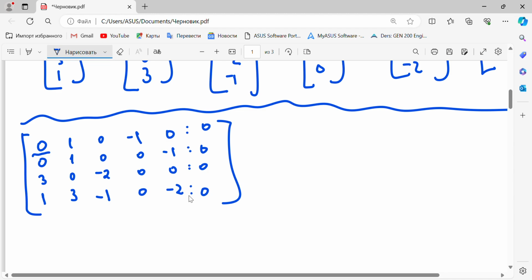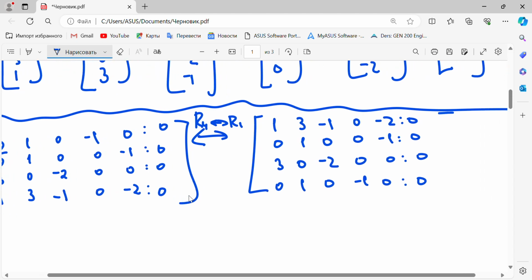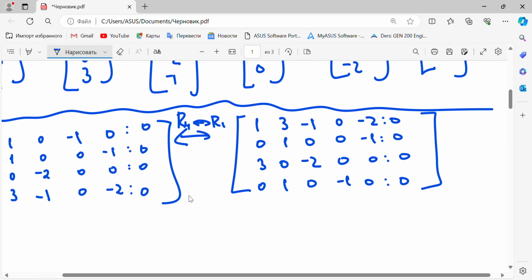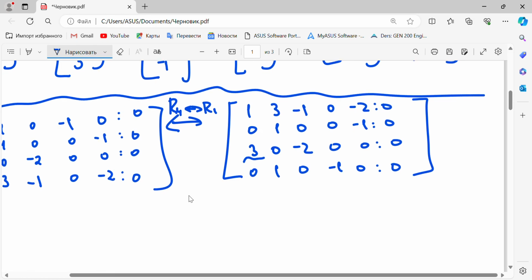For this purpose, we have to just swap rows R4 and row 1. So let's see, what can we do more? Let's eliminate this 3 to find basics, to find pivot positions.